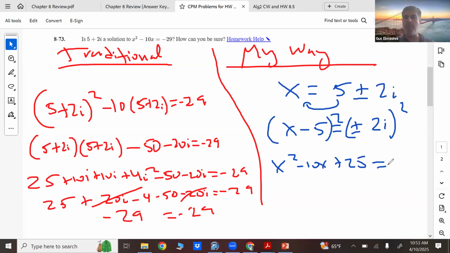And what's 2i squared? Actually, negative 4, because you square the 2 and you square the i. And the plus minus just goes away. And guess what you get? Do you get the equation that we have originally? You do. You get the same thing. That's a much cleaner way to get the equation from imaginary solutions.